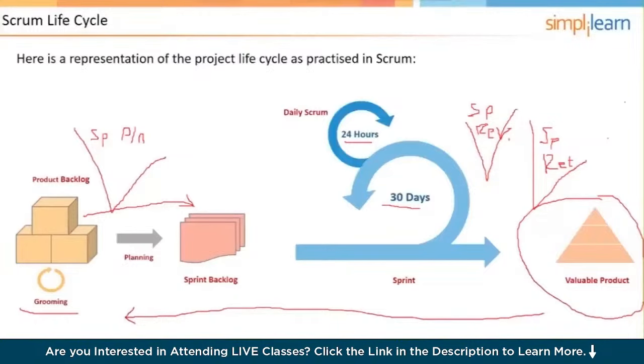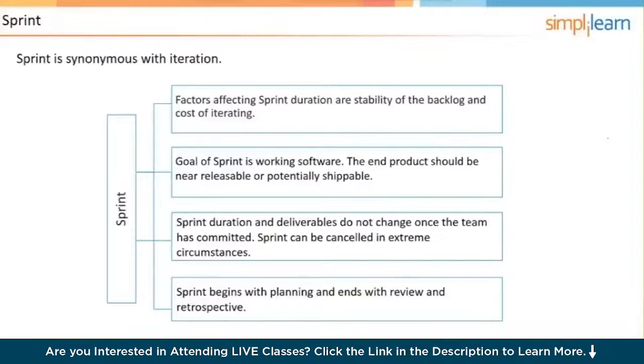Now let's talk about a couple other things here. When it comes to a sprint, there are some things that affect the duration of the sprint. So the team is going to have to decide how long each of the sprints are going to be, and things that are a factor include the stability of the product backlog.